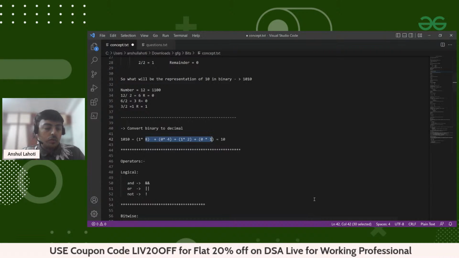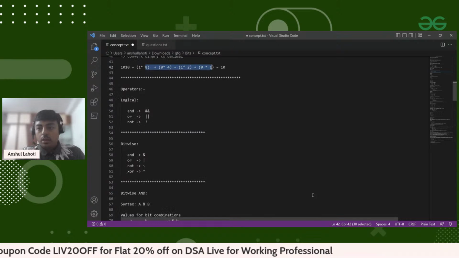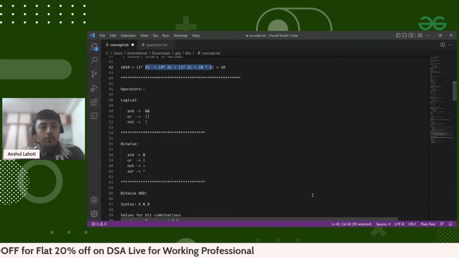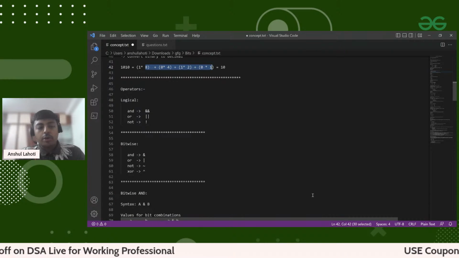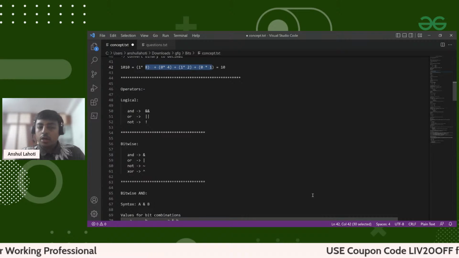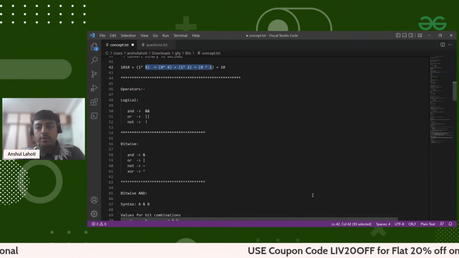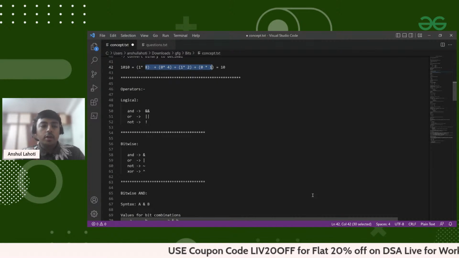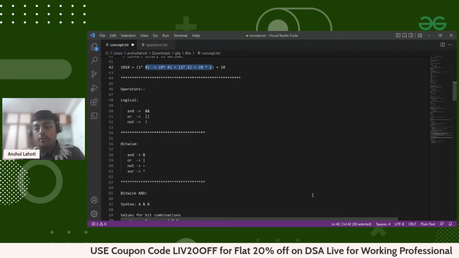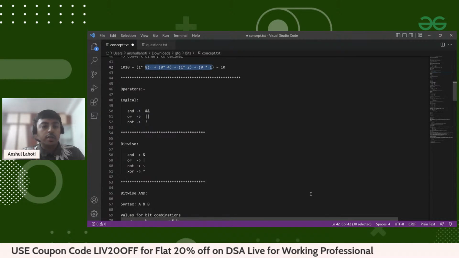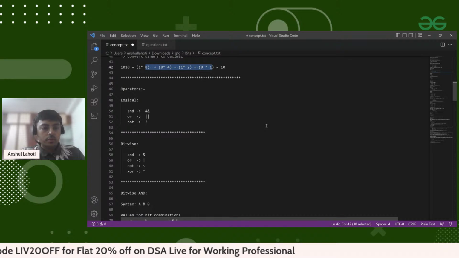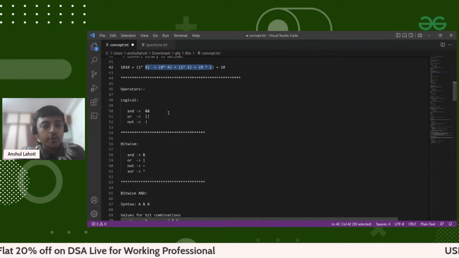Now I will tell you about all the operators we have and their functionalities with examples. And then after 15 minutes we will do the questions about bits. So our flow will be like that only.